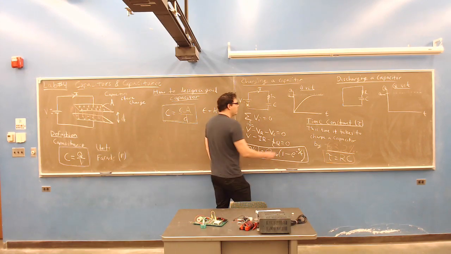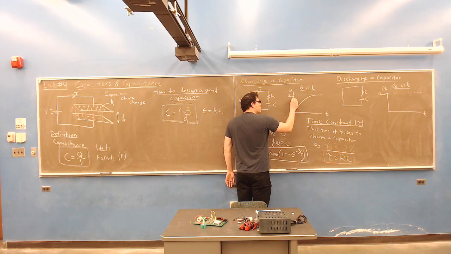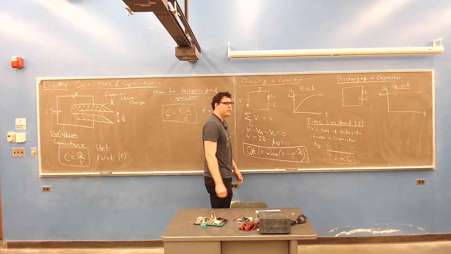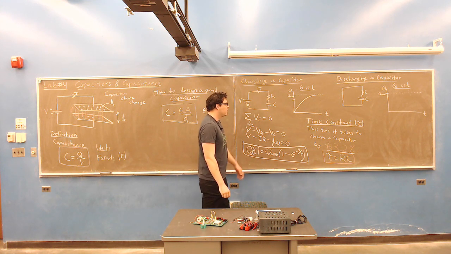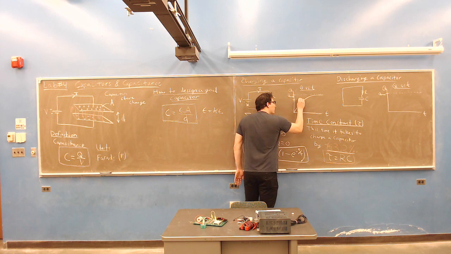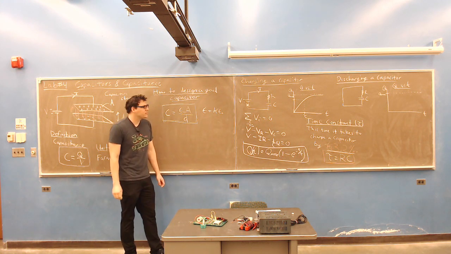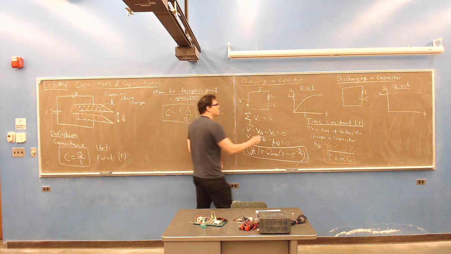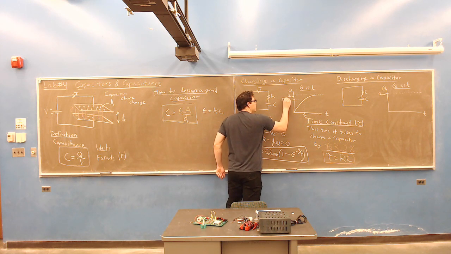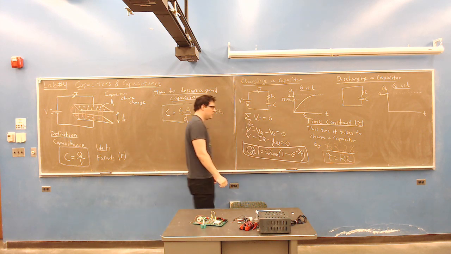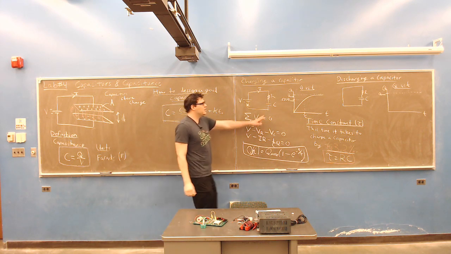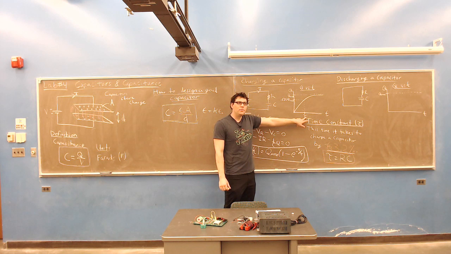And so if you go over here to, roughly, 63.2% of Q max, and you go over here, then if you go down, this time here is tau. So this is 0.632 Q max.